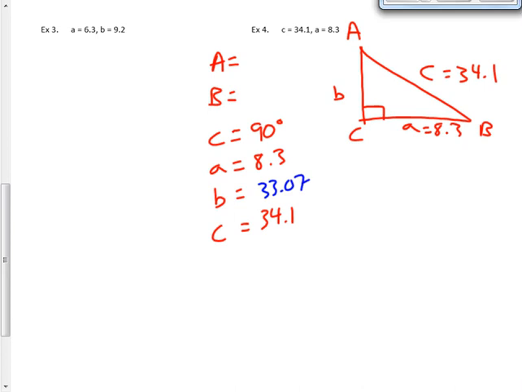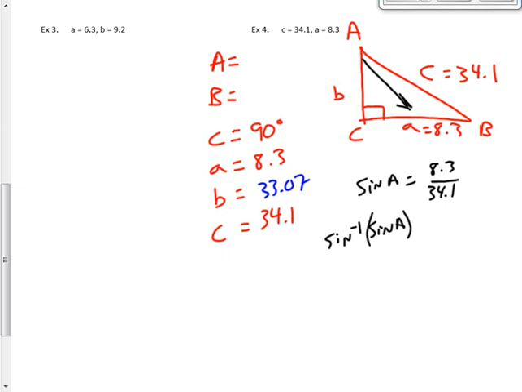I'm going to try to find a. I have the opposite of a over here and the hypotenuse, so I'm going to do sine of a is equal to 8.3 over the hypotenuse of 34.1. This is where I want to use the inverse function to get rid of the sine. So I'm going to do sine inverse. So those are going to cancel out on the left-hand side, and I get a. On the right-hand side, I get sine inverse of this fraction.